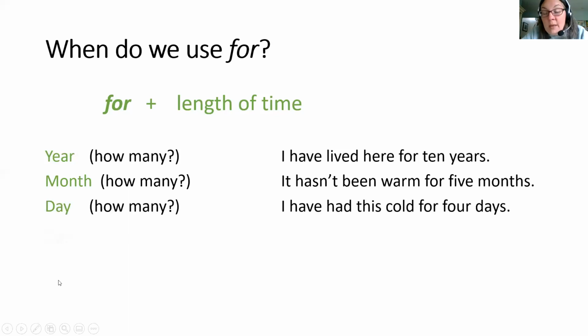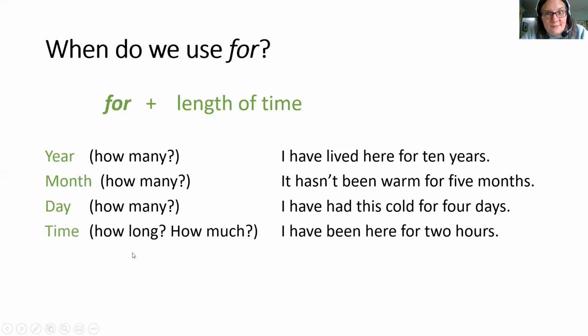All right, maybe I want to convert this to days rather than saying I have had this cold since Sunday. Maybe I want to reference the number of days I've had this cold, 4 days, in which case I'm going to use for. I have had this cold for 4 days. It started 4 days ago. It's continued up until now. Our conditions have been met, but I want to talk about a length of time.